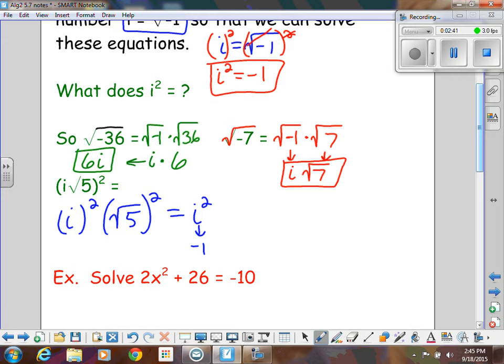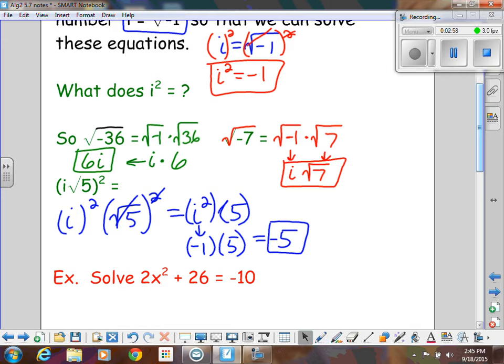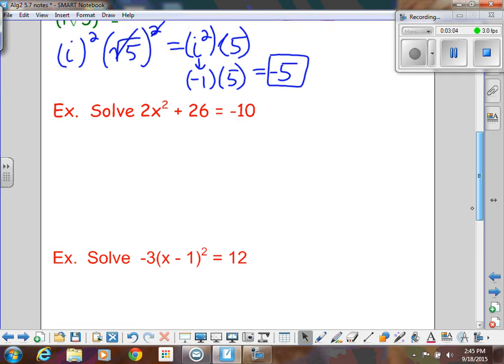If I square the square root of 5, that's just going to be 5. Remember, the square and the square root cancel. So I have negative 1 times plain old 5, and that's going to give me negative 5. So that's just so you can see how i and i squared work when we're working with different kinds of values. Now let's solve these two.